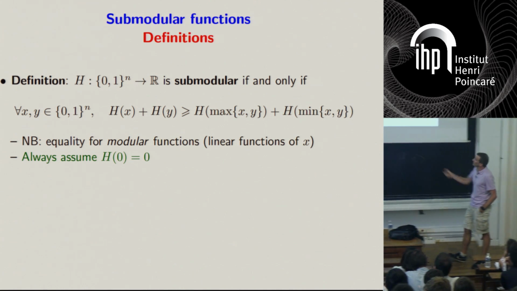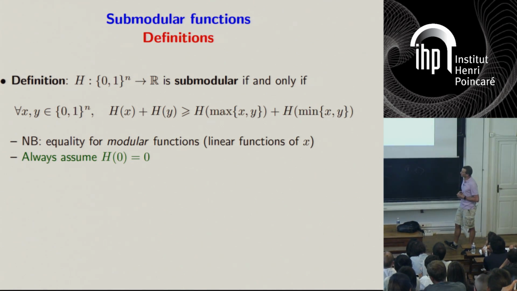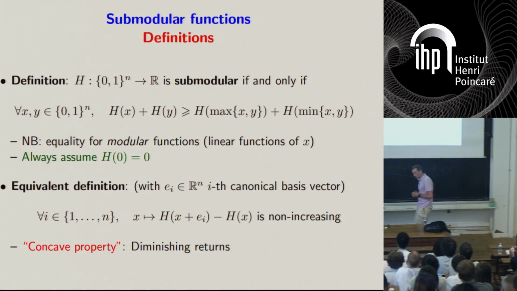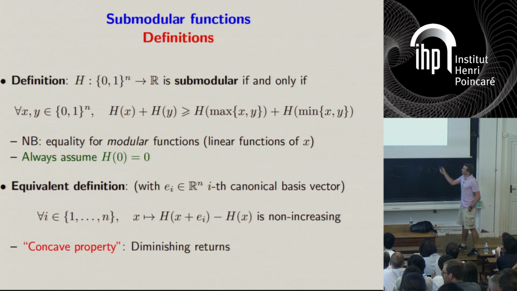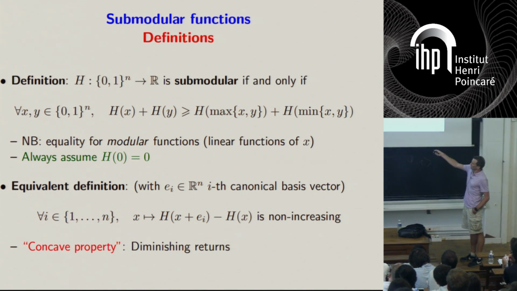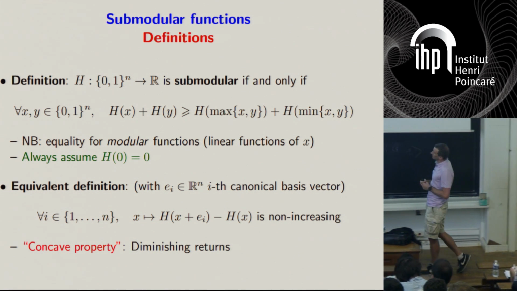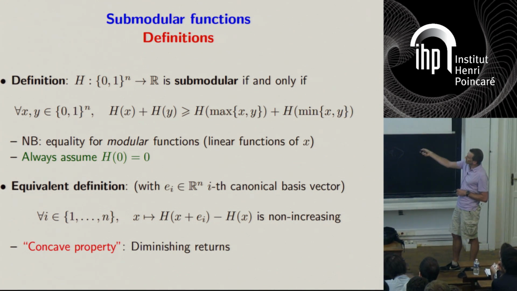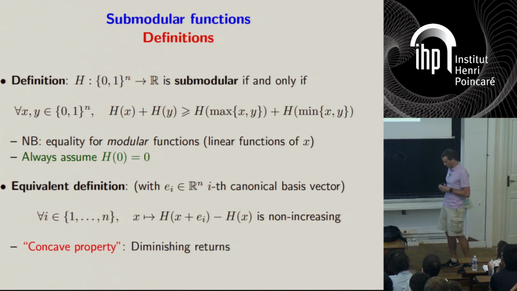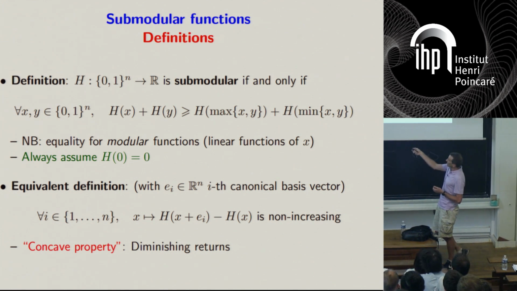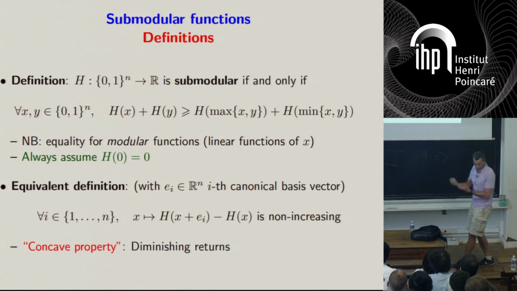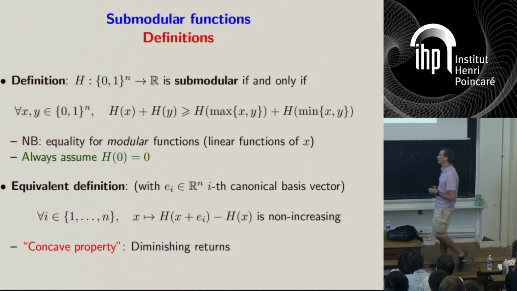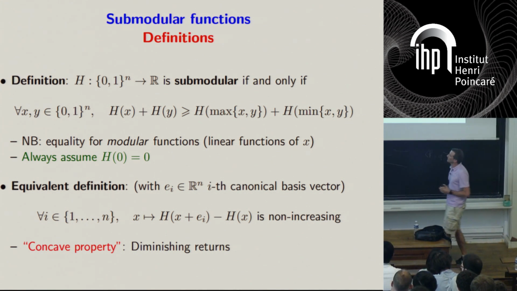This is not usually the easiest one to understand. The easiest one is this equivalent definition, which says that if you fix a node i and you consider the effect of adding i to your existing set, so you have an x, you add i, so you get x plus e_i, so it's adding an element to the set, then you make some progress, so you have a difference in gains, and this has to be non-increasing.